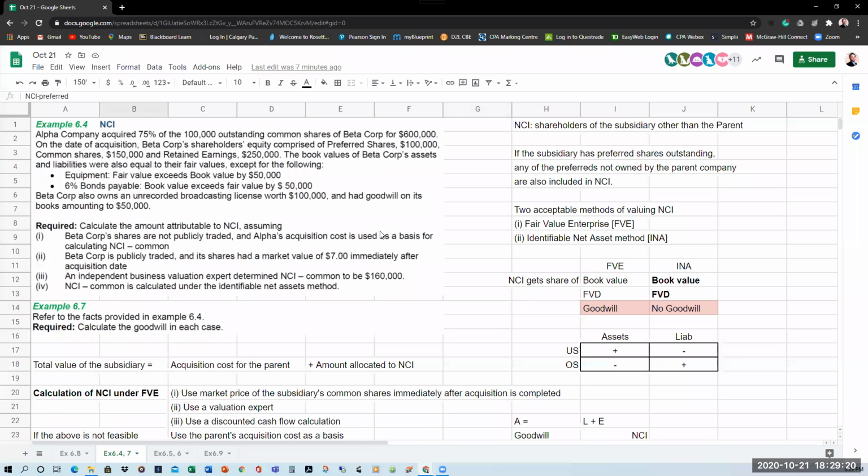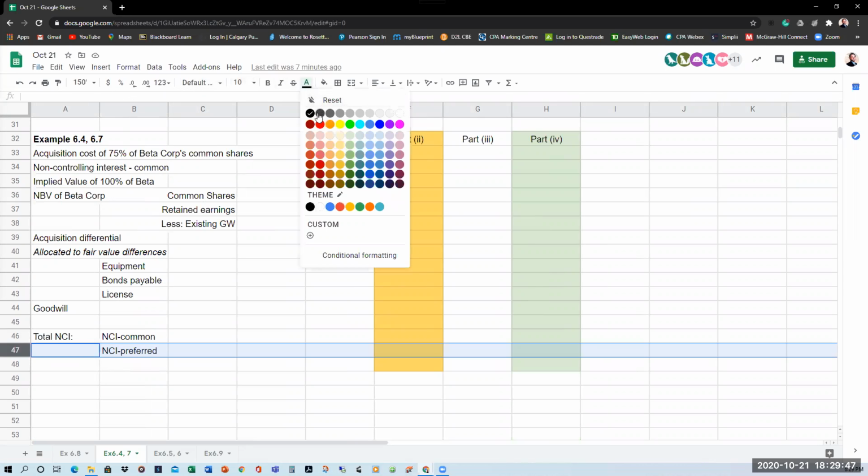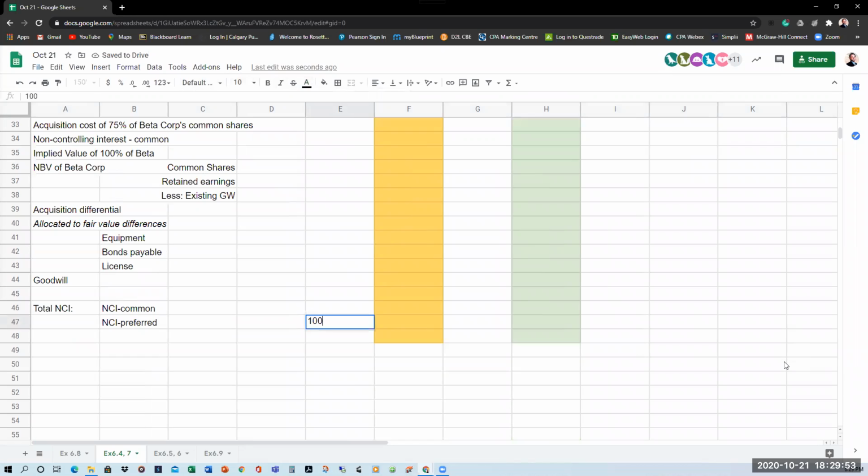The preferred share portion is basically $100,000. There is no indication here that Alpha Company owns any of the preferred shares issued by Beta. So all of the $100,000 worth of preferred shares are included in non-controlling interest. Let me just write that down: $100,000 of NCI preferred in each of the 4 cases.